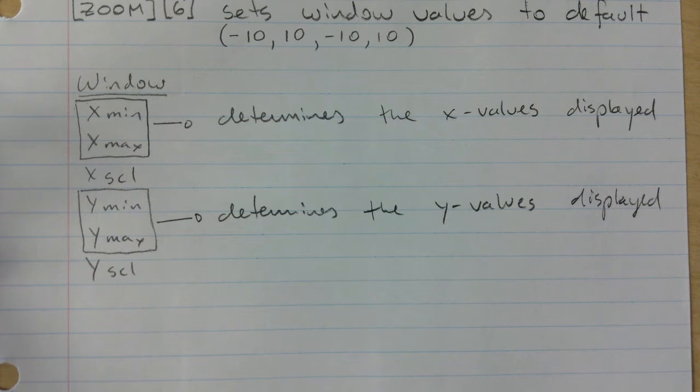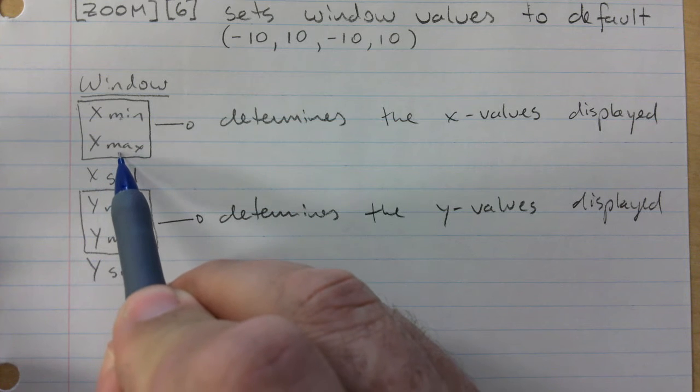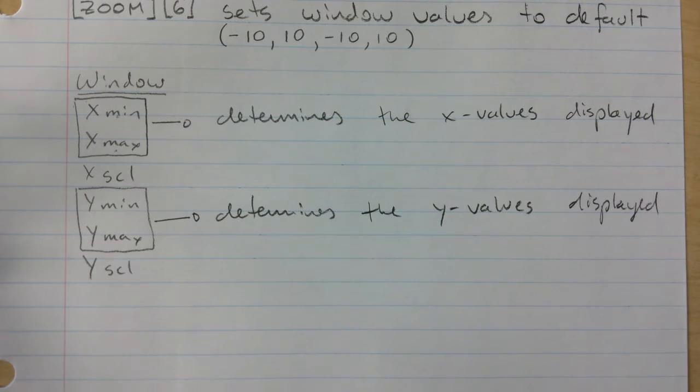Another thing that just comes to mind because some students make that mistake: this should always be lower. The x min always has to be lower than the x max. If you're flipping it, it's going to give you an error message. So x min is always the lower number, x max is the higher number, okay?